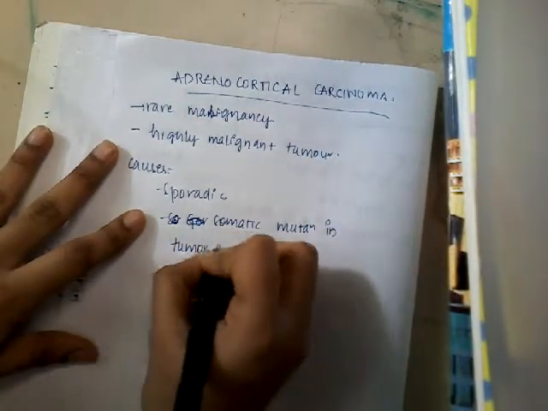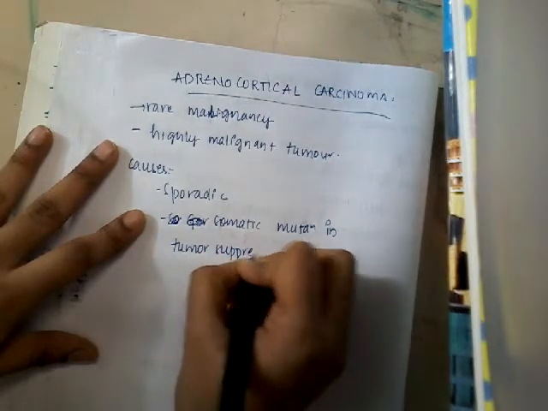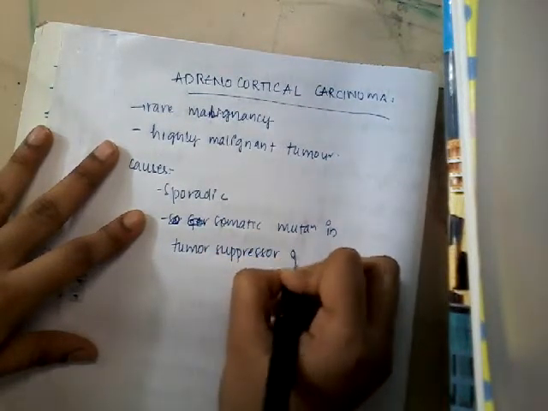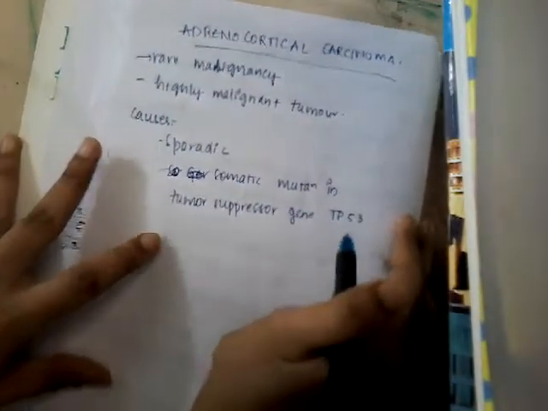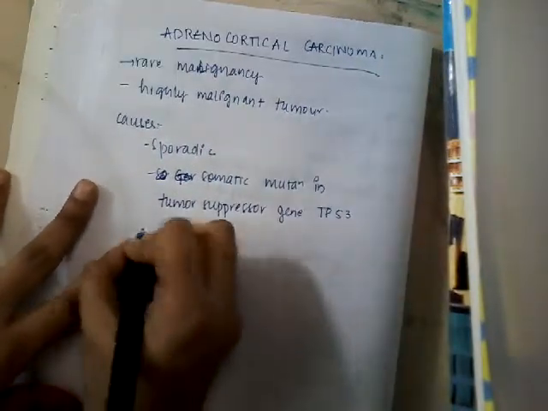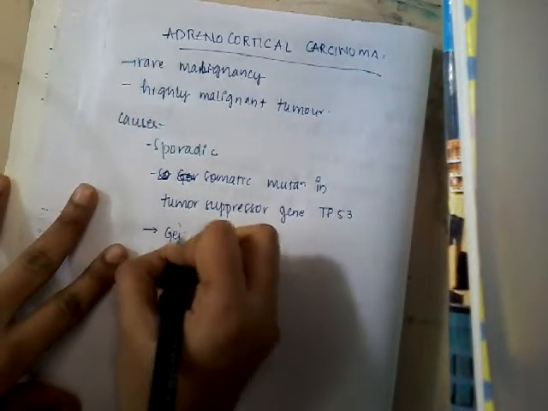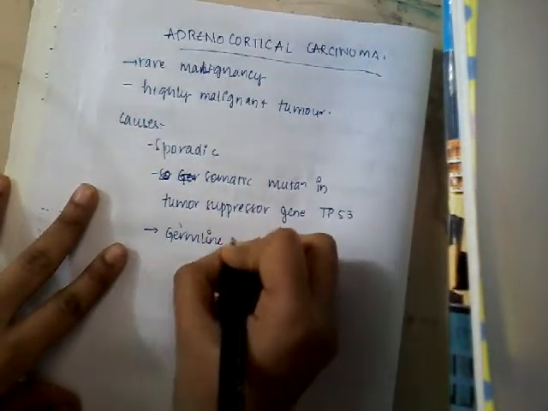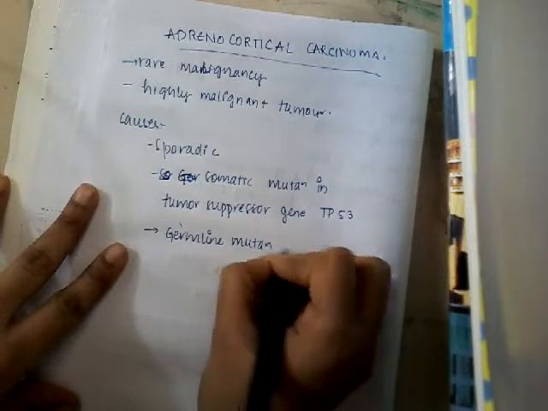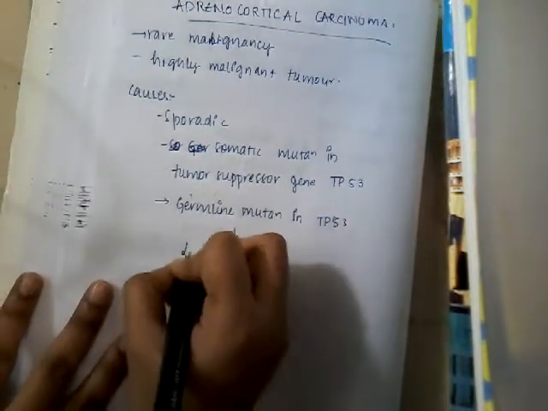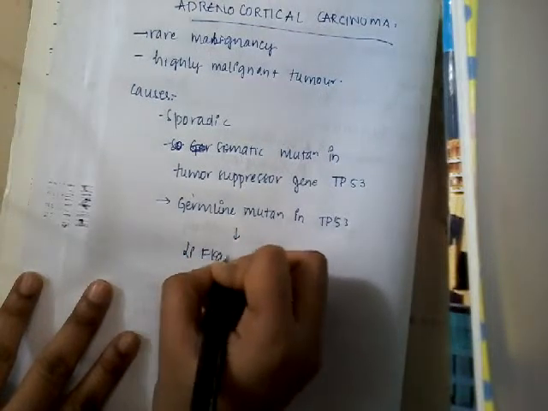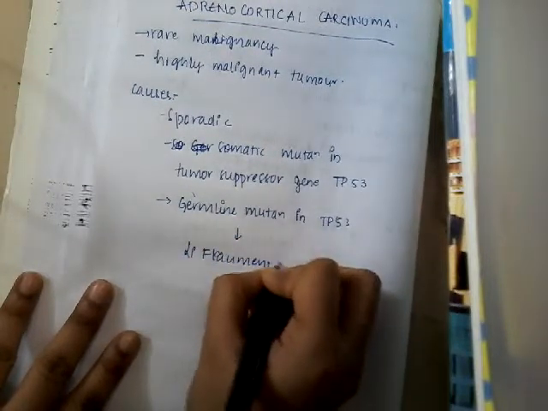The tumor suppressor gene involved in adrenocortical carcinoma is TP53. And then there can also be germline mutation in TP53, and this can be a cause of Li-Fraumeni syndrome.